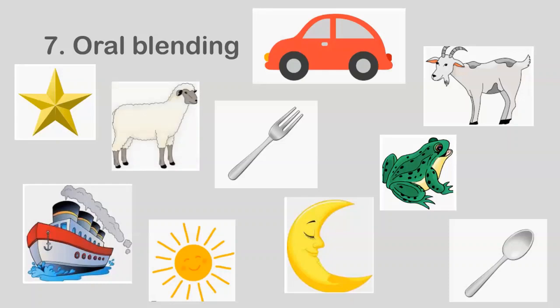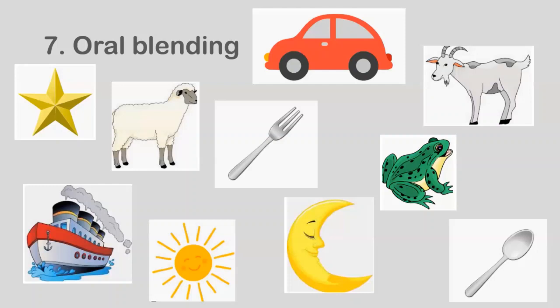You could say, m-oo-n, what did I say? Moon. s-u-n, what did I say? Sun. g-oa-t, what did I say? Goat.